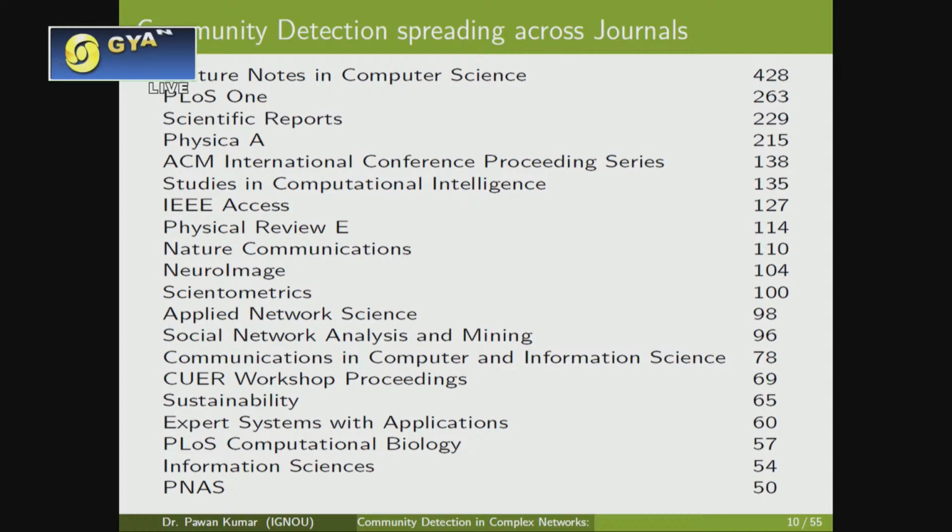For example, it has been cited 428 times in the journal Lecture Notes in Computer Science, 263 times in PLOS ONE, and likewise you can see the citations of this article in different journals: Scientific Reports, Physica A, IEEE Access, Physical Review E, Nature Communications, Information Sciences, PNAS as well.